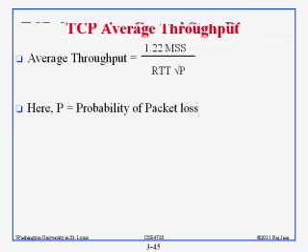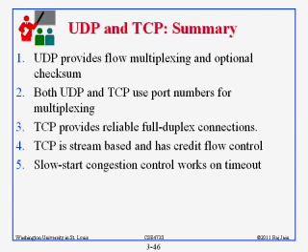Now, it would be nice if we had a simple explanation of this, but we don't have one right now. So we'll just use this formula and know that a formula exists, which is the average throughput, and the book talks about this formula. So I put it here. But that's the end of that one.